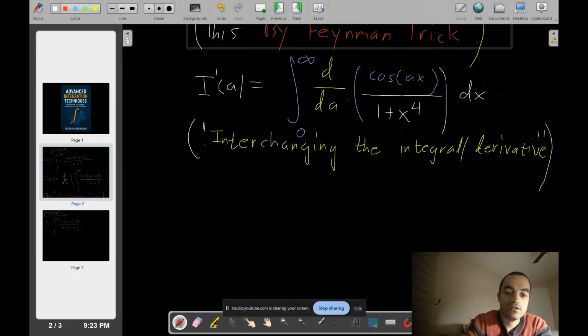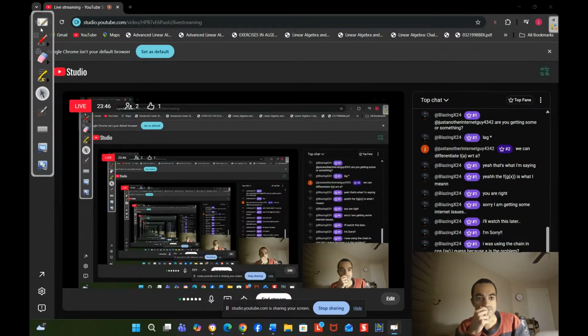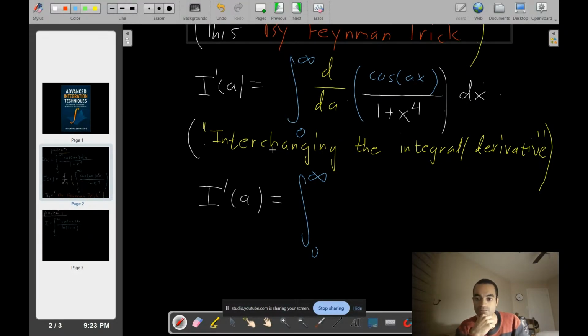Now from here, how do we differentiate this? How are we going to differentiate our function inside of the integral sign with respect to a? How do I differentiate with respect to a of the function? Anyone know how?